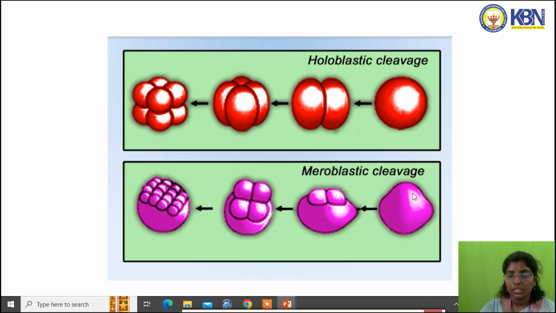In meroblastic cleavage, in this type of cell, only one side of the cell is getting divided, not entirely. Here in holoblastic, the entire cell is getting divided, but in meroblastic, only some part of the cell is getting divided.